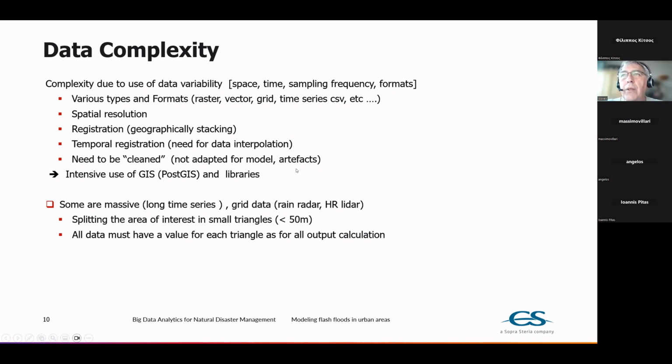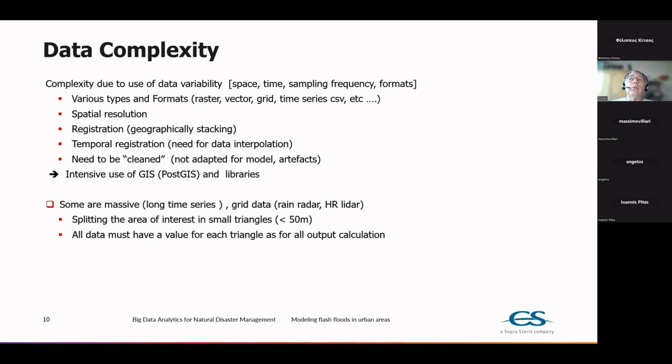So we make intensive use of GIS to work on this data, because the base is geographic data plus time series, and also image processing libraries, mainly for the extrapolation and fusion of data, and so on.